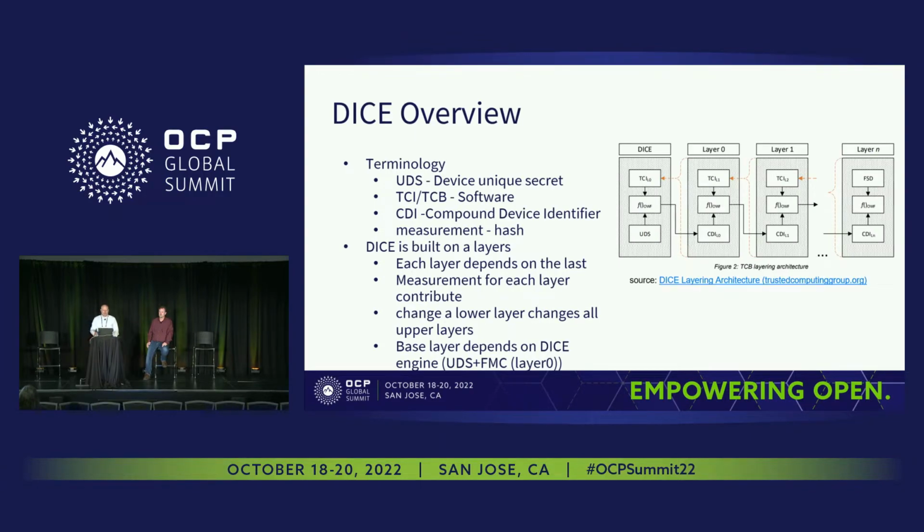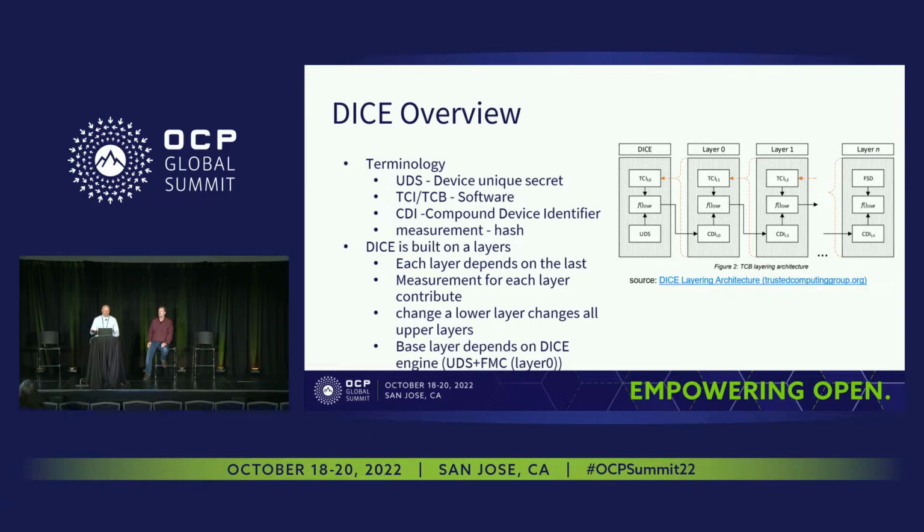Okay, so I'll give a very brief overview of DICE just to provide some background. The big terminology is there's a UDS, a device unique secret. It is the crown jewels. It's where everything starts. And if you look at the layering architecture, they build these compound measurement derivations up the stack.